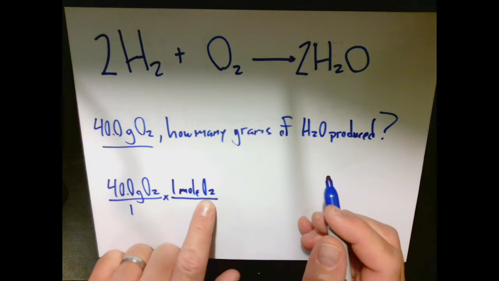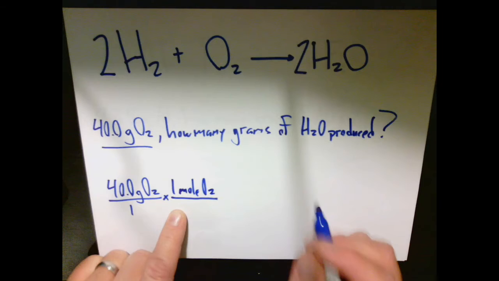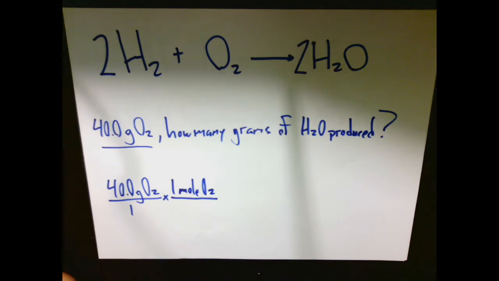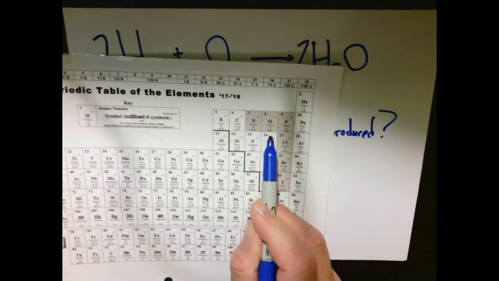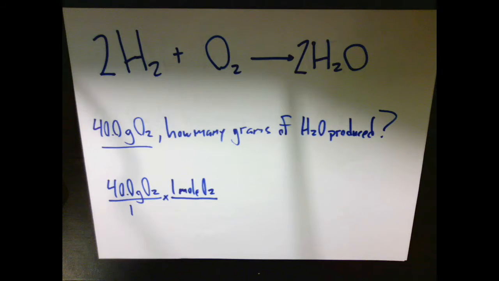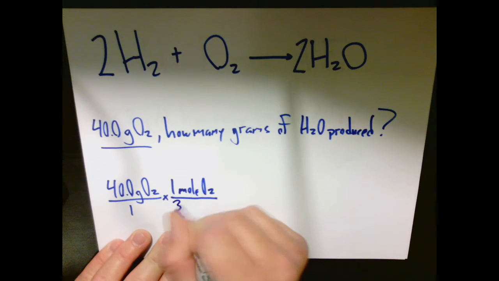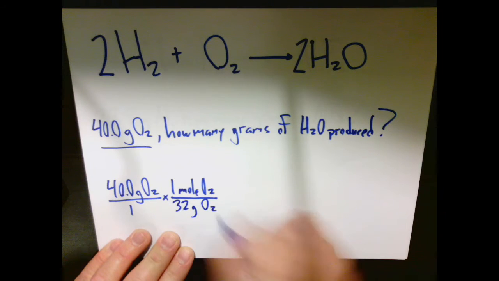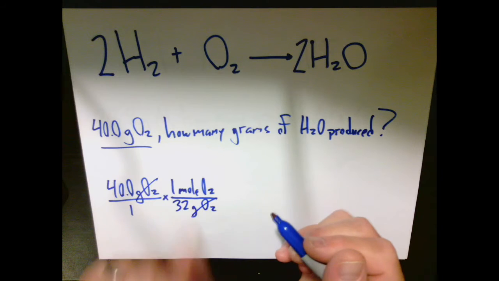In the denominator, I want to put the formula mass for oxygen. So here you need to use your periodic table. And again, if you look at oxygen, average atomic mass is 16, and we have 2 oxygens. So 16 plus 16, 32 grams of O2. Okay? So grams cancel out, and we now have moles of oxygen.